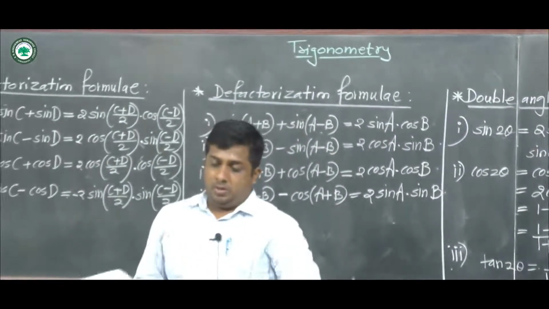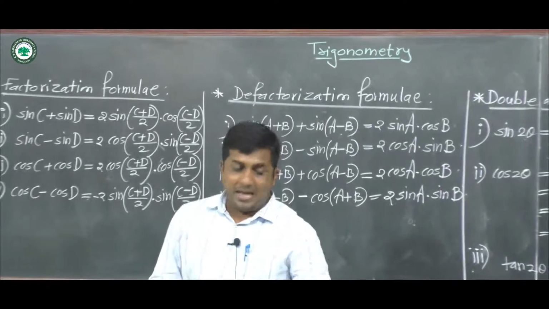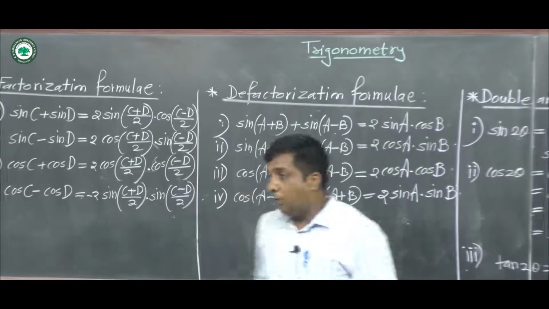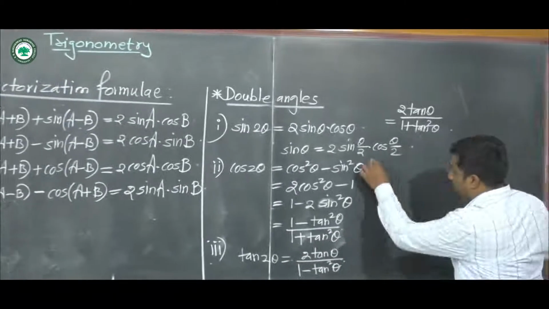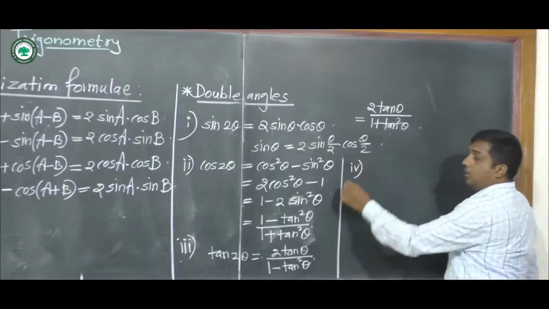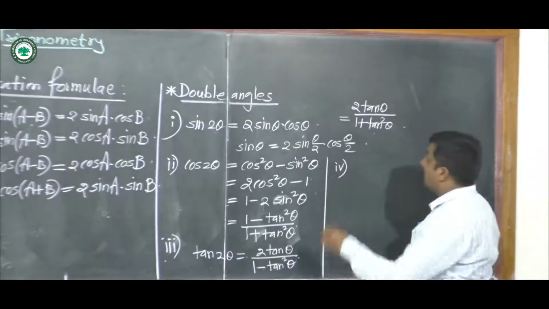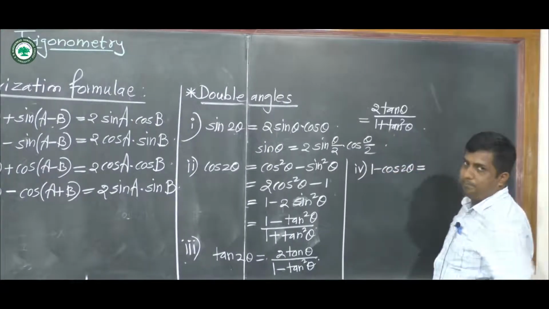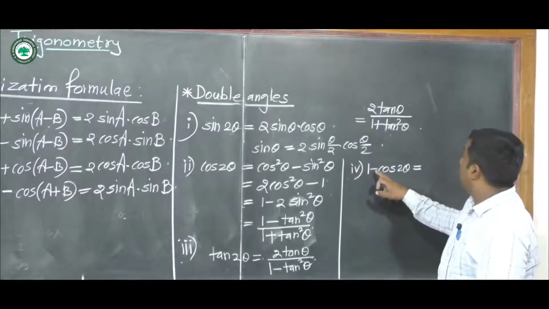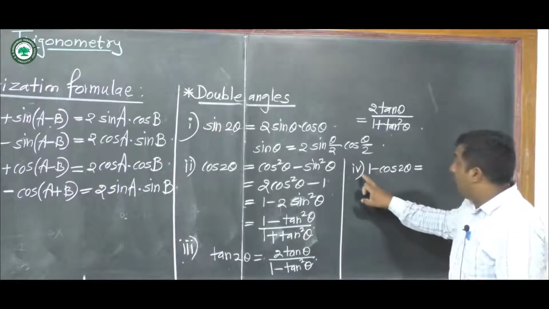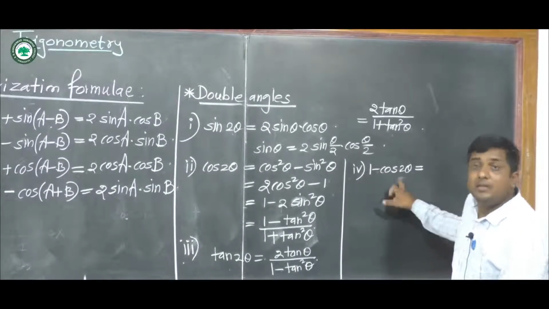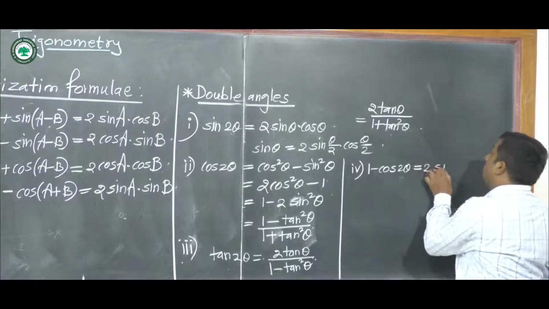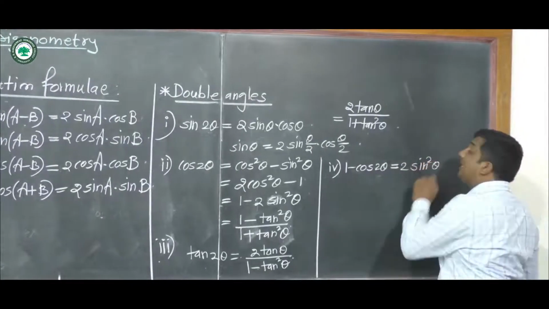Now we go with our next formula in fourth. Here in the fourth we consider 1 minus cos 2 theta. If we have the minus sign in between 1 and cos 2 theta, your formula is 2 sin square theta.